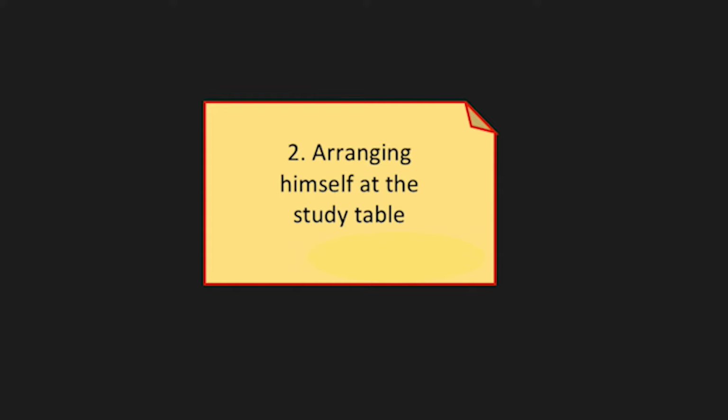Next would be placing himself in a position where he can sit and study, which could be his bed or a study table. So, arranging himself at the study place. This would be 2.